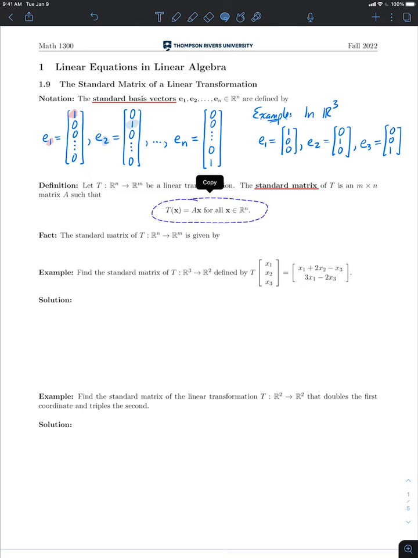What does this mean? The first part just says T of x is equal to A multiplied by x. Remember what I said when we started: the standard matrix of a linear transformation is a matrix that can accomplish the same job as the transformation through multiplication. On one side, you're taking an unknown vector x and multiplying it by the matrix A. On the other, you're plugging the vector x into the linear transformation as an input.